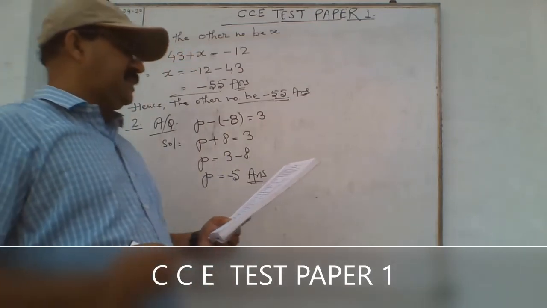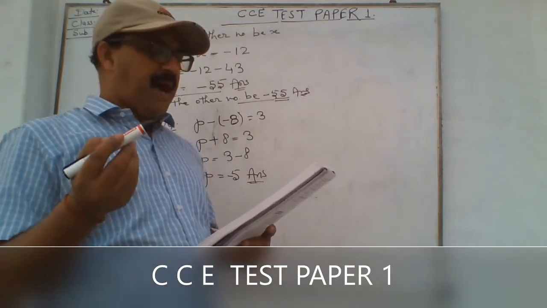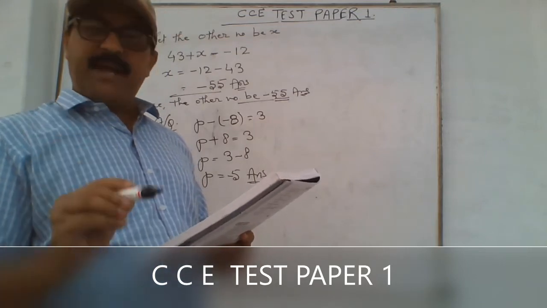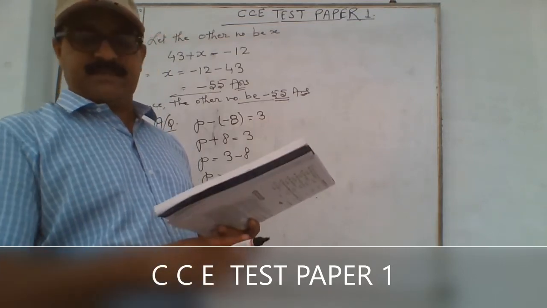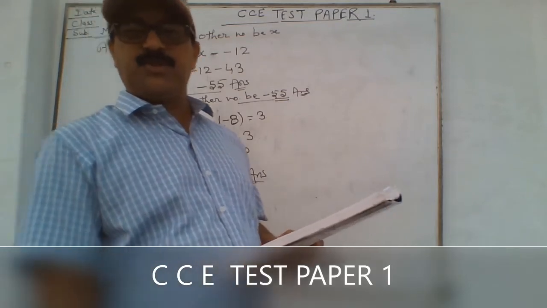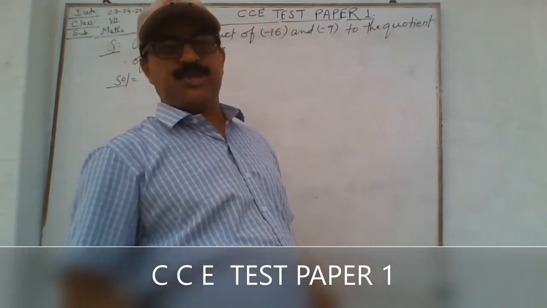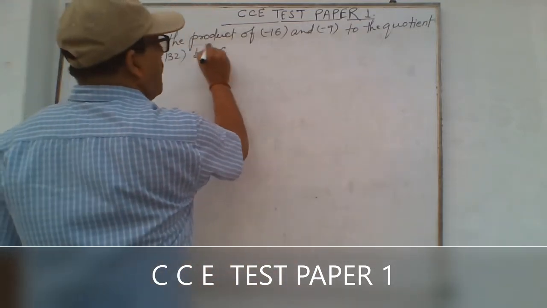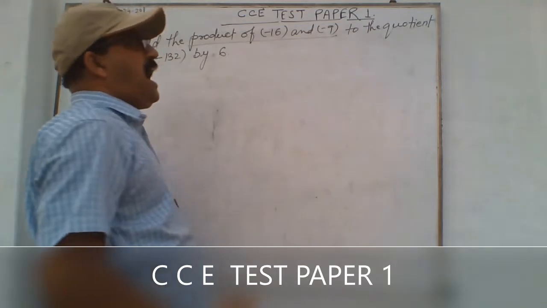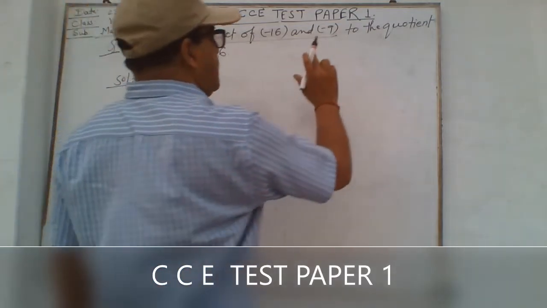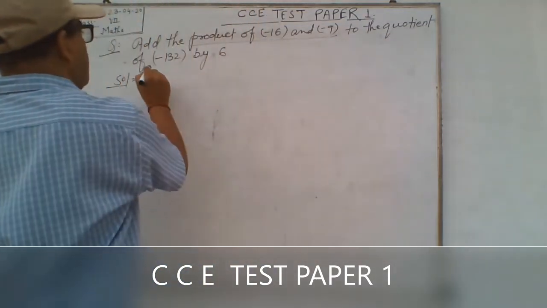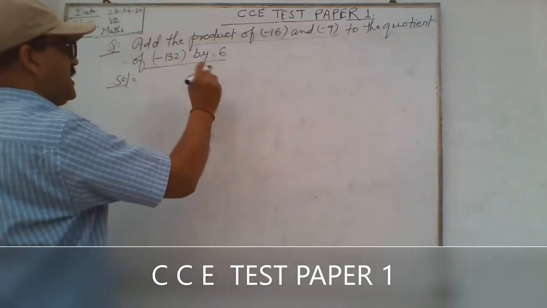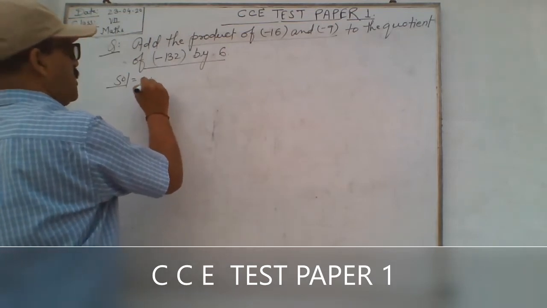In question number 3, add the product of minus 16 and minus 9 to the quotient of minus 132 by 6. This is a very important question. Here there are two parts.